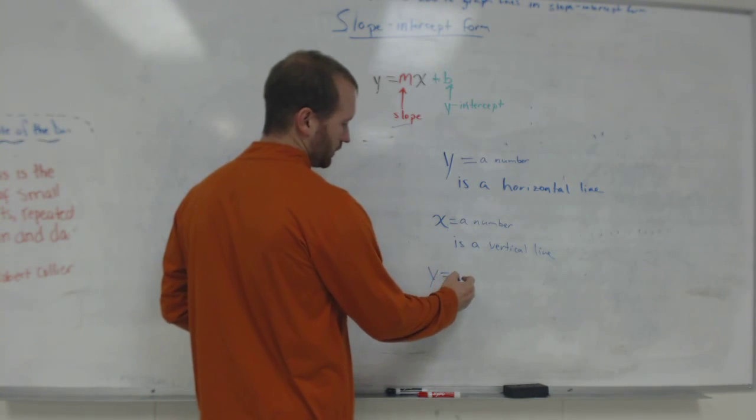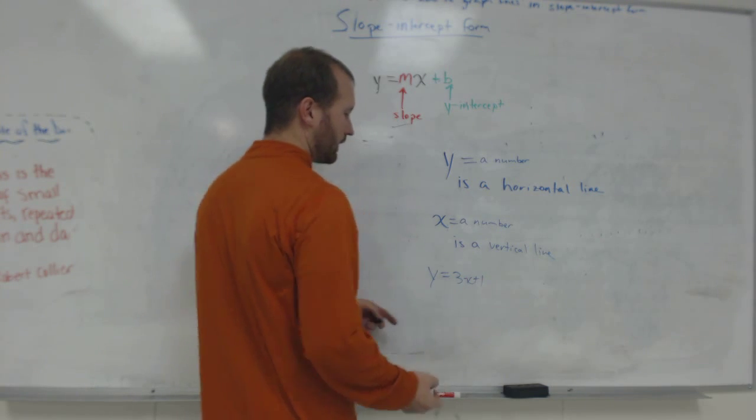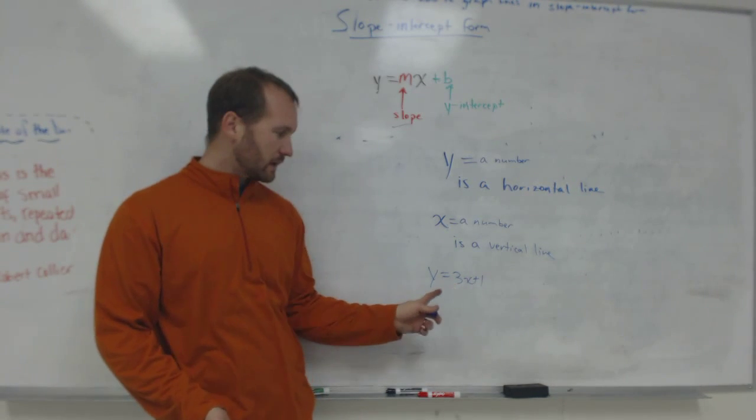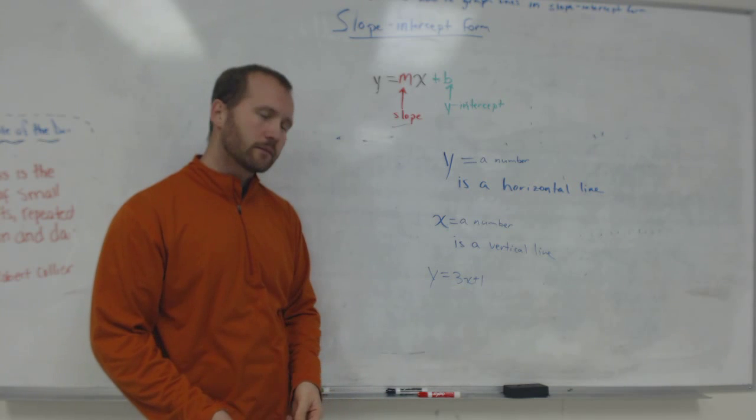Anytime you have both y and x, like y equals 3x plus 1, this is a line that has slope to it because it has both y and x.